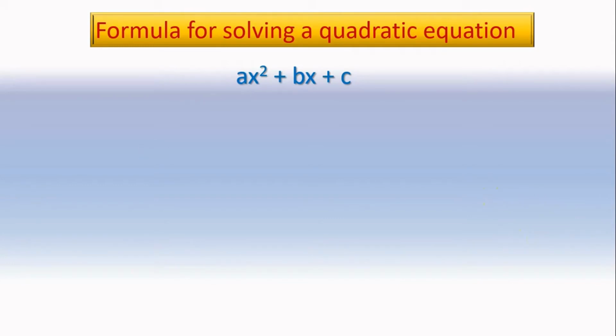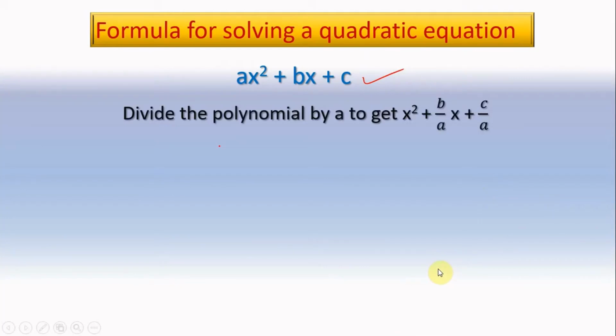You know that the general formula of a quadratic equation, or standard format, is ax square plus bx plus c. This is known to you. Now, we also know that if we wish to remove the coefficient a from x square to make it easy to use the square method, we just divide the whole equation by a and convert it into this format: x square plus b upon a x plus c upon a.